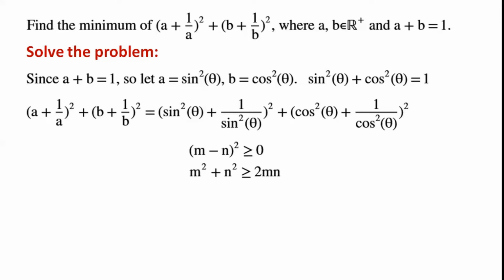So by rearranging the equation, m squared plus n squared is greater than or equal to 2mn. By adding m squared plus n squared on both sides of the inequality, we can now write 2 times (m squared plus n squared) is greater than or equal to m squared plus n squared plus 2mn.